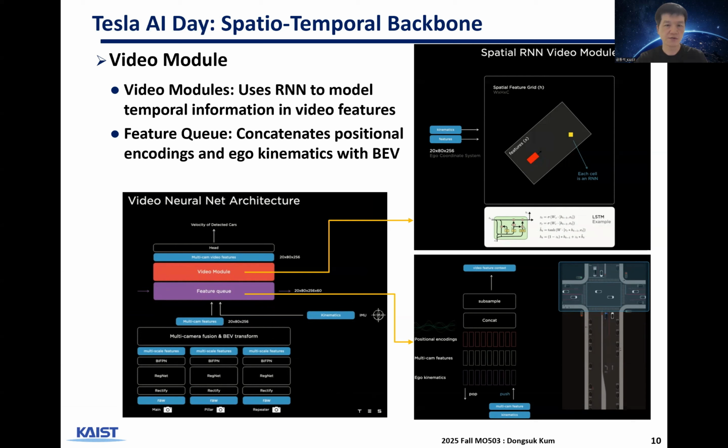One is a feature queue, which simply concatenates all the temporal features, and then puts that into the video module. The video module uses an RNN instead of attention or a transformer. So please note that Tesla uses an RNN to handle the temporal fusion.